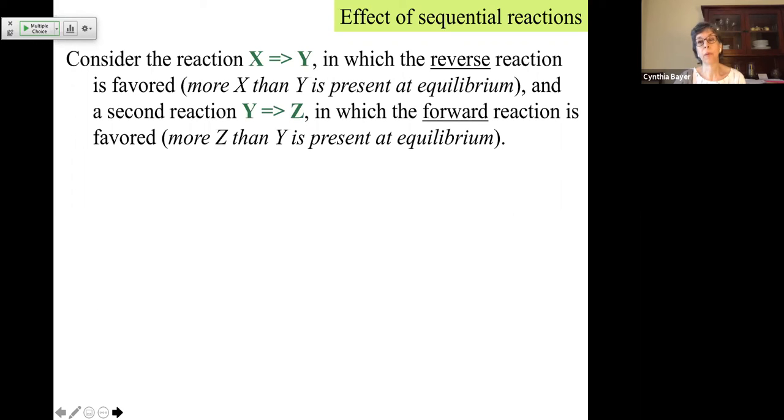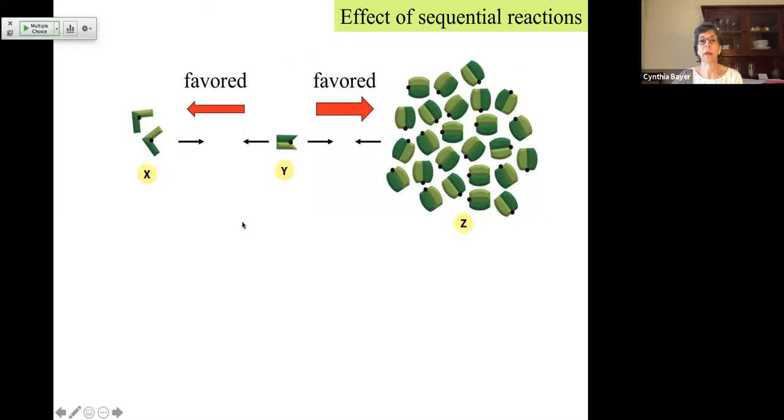And then we can put the two of those together. So we have X to Y is non-favored, Y to Z is favored, energetically favored. But what if we put them together in a sequence of reactions? I'm using our arrow to show the degree of how much the reaction is favored.